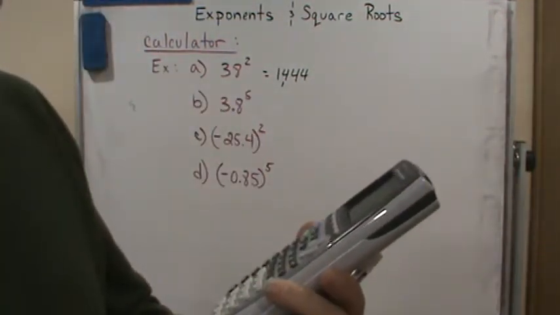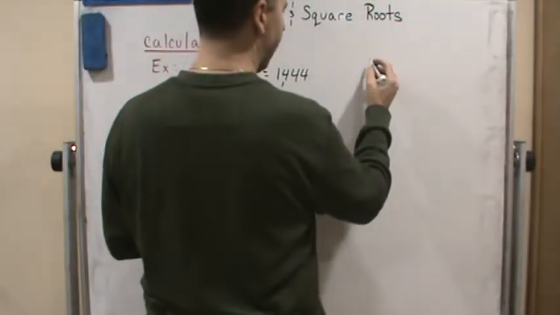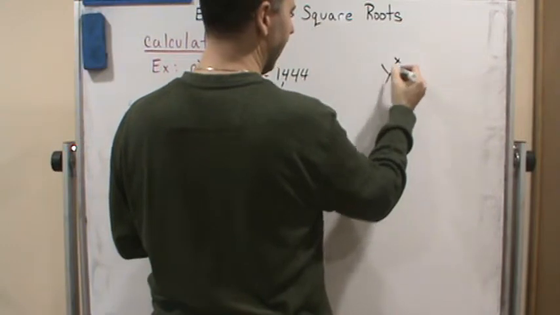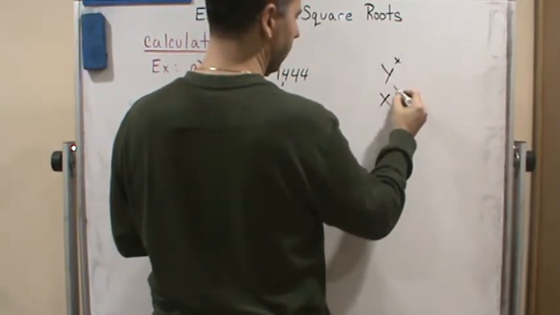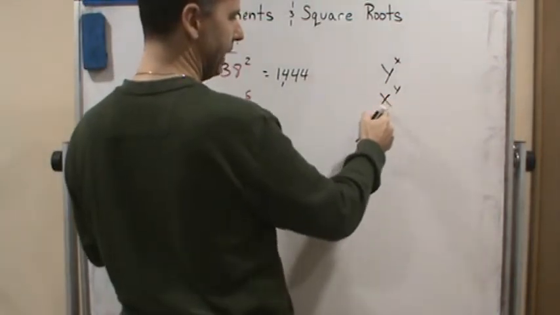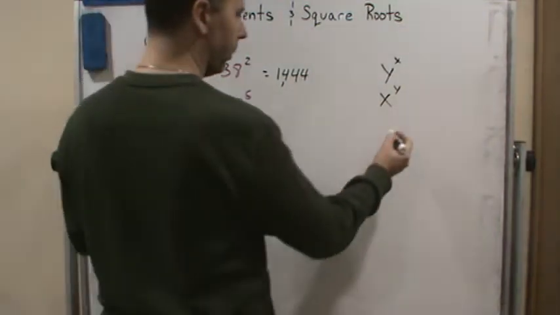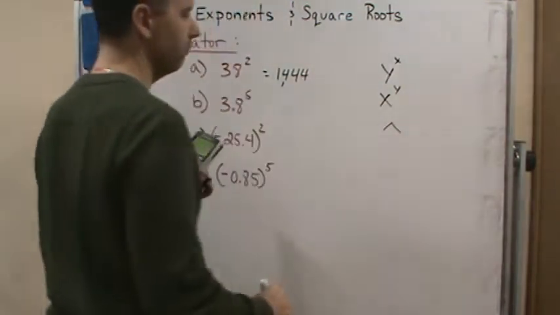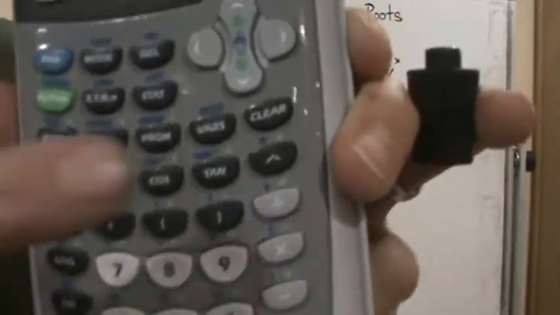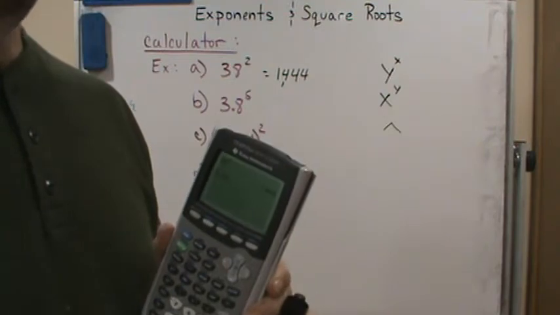Well, some calculators have a y to the x key or an x to the y key, where you could plug in basically any exponent you want. Or you have a caret key, and that caret means I'm going up to an exponent.